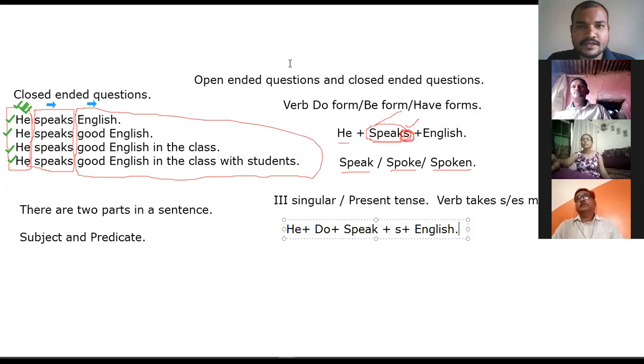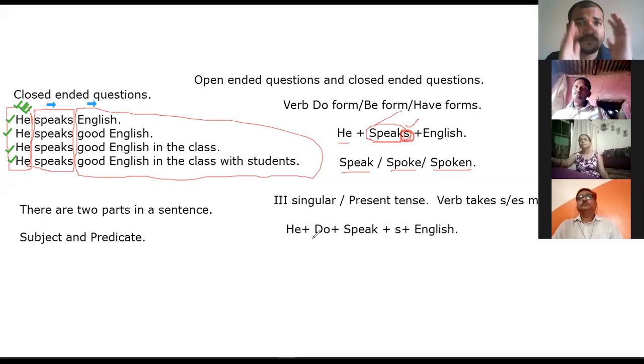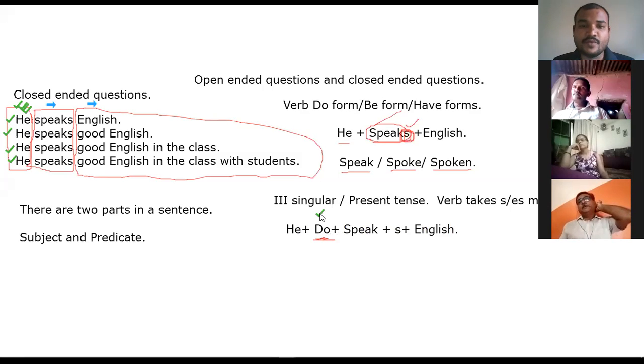Okay. So now what we are going to do is, if you want to frame a question from the sentence, you need to understand the helping verb is very important. What is very important? Helping verb. Helping verb is very important in framing yes or no questions.